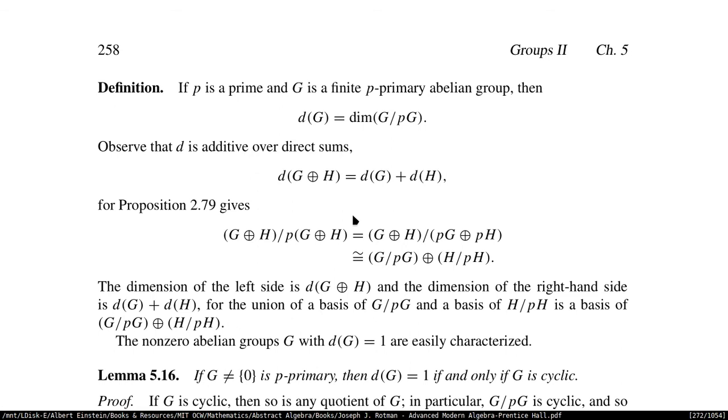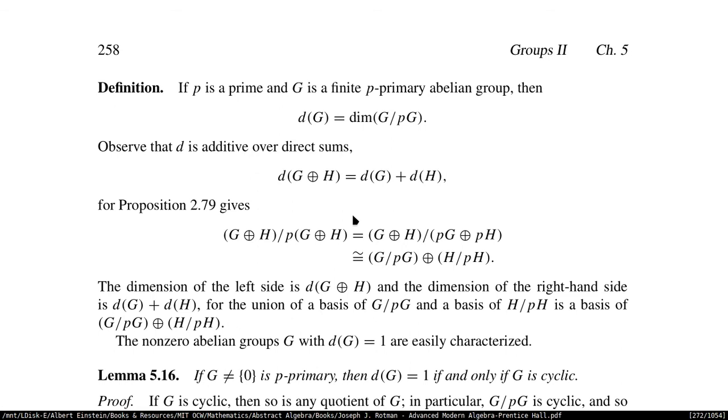Now, definition. Okay, new terminology. If p is a prime and G is a finite p-primary abelian group, then the dimension of G, or D of G, is defined as the dimension of the other thing that we saw a few pages before, G mod pG. Remember, we made that into a vector space.